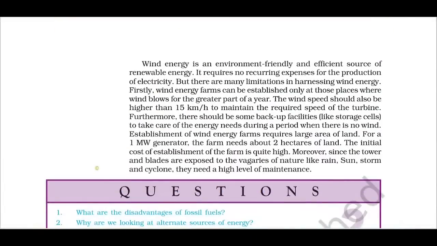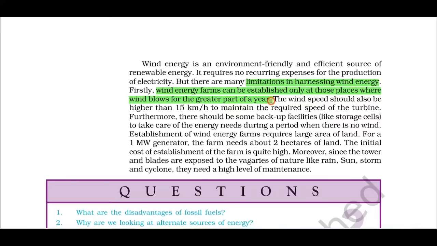See, what are the disadvantages of using wind energy? You should know the disadvantages of wind energy also. The limitations of harnessing wind energy is that wind energy farms can be established only at those places where wind blows for a greater part of the year.